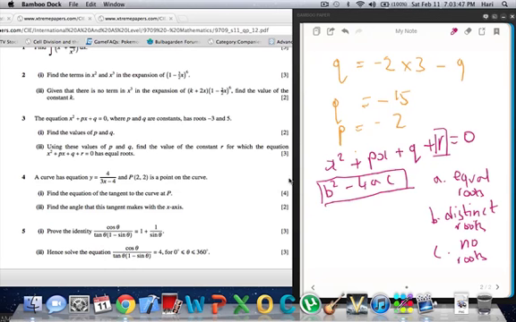For equal roots, b squared minus 4ac should equal 0.